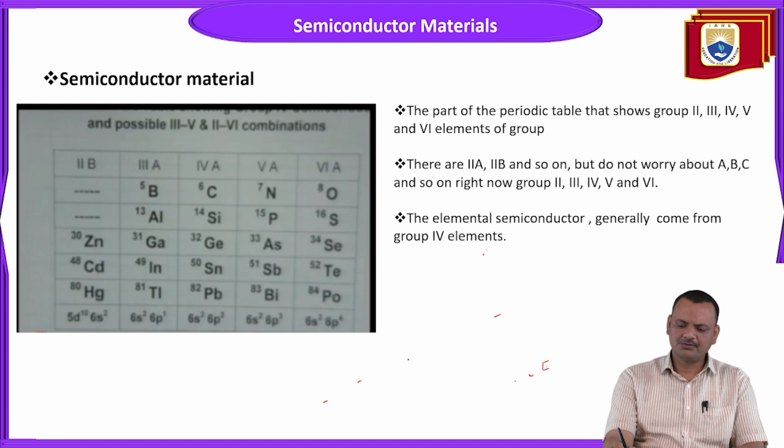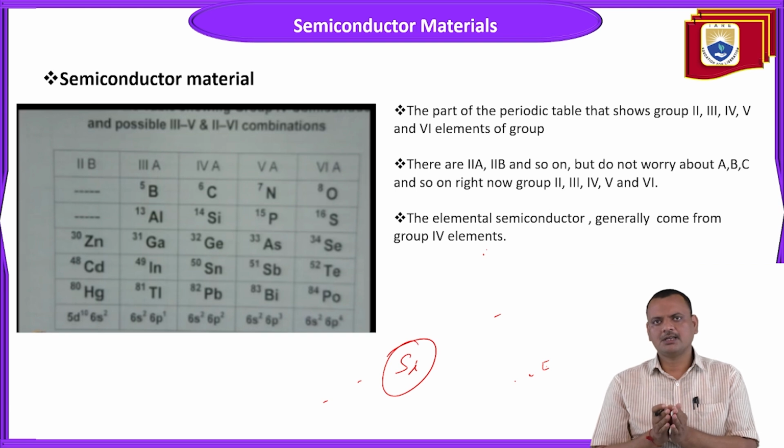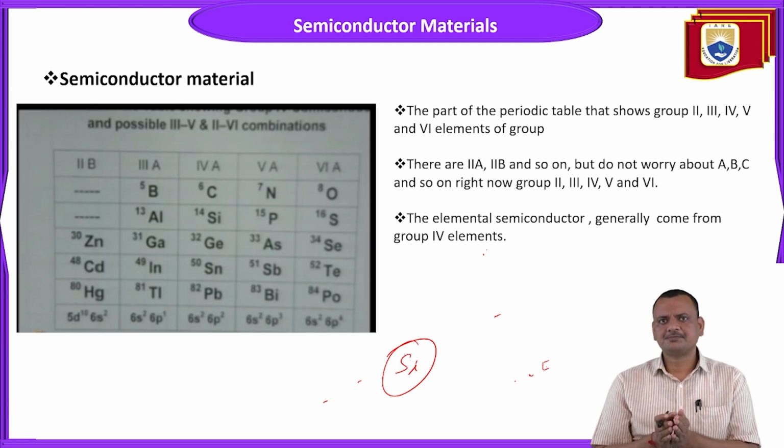Like silicon, if you take a silicon crystal, it shows moderate conductivity. Moderate conductivity means the conductivity will be less than a conductor but greater than an insulator.